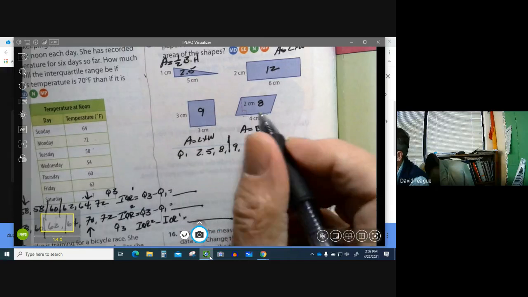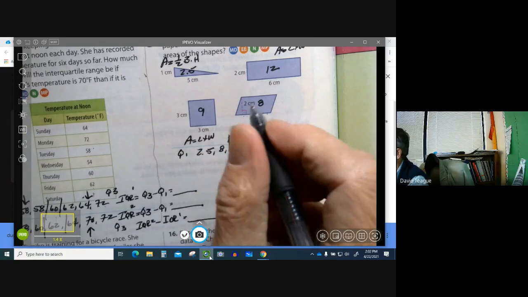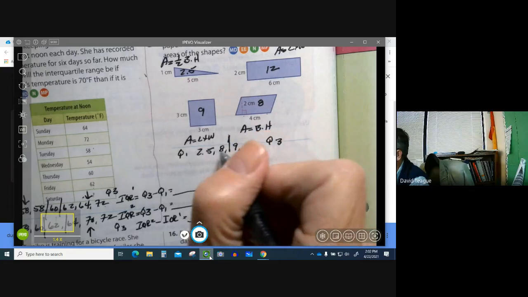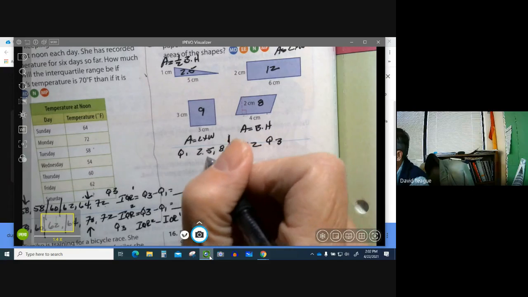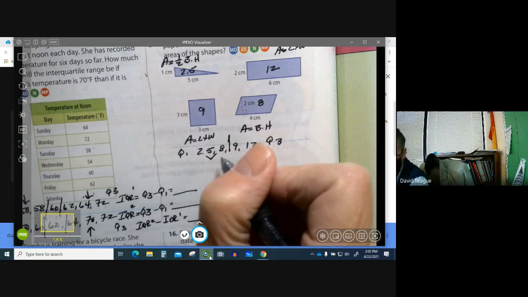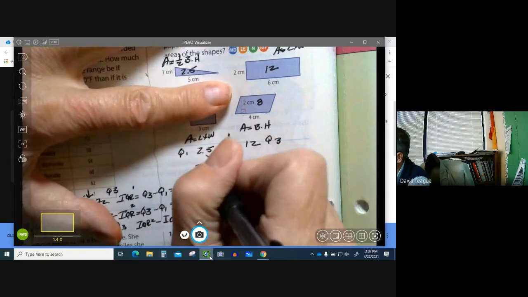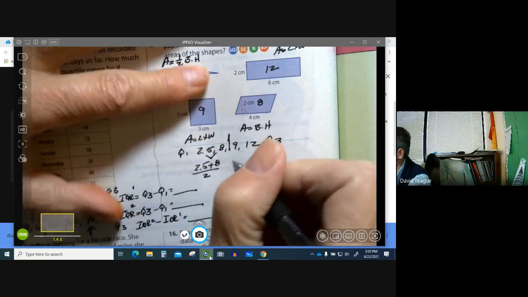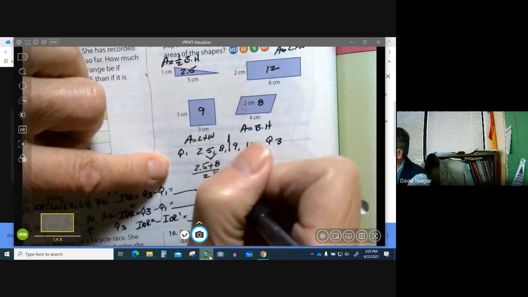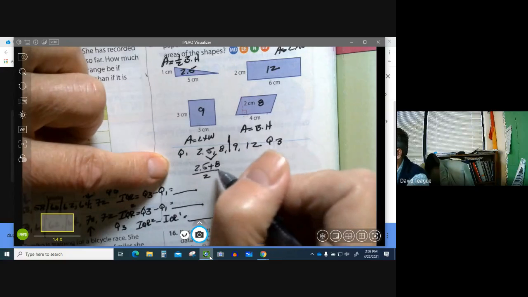Okay, so to find my Q1, my median, I have to average these two because this right here is in the middle, right? So 2.5, you're going to do 2.5 plus 8 divided by 2 gives you your median for Q1, right?